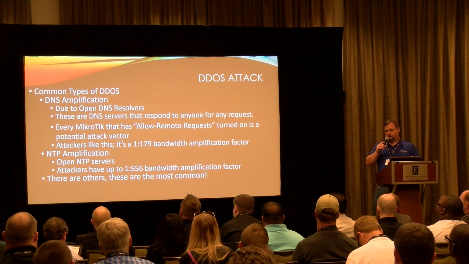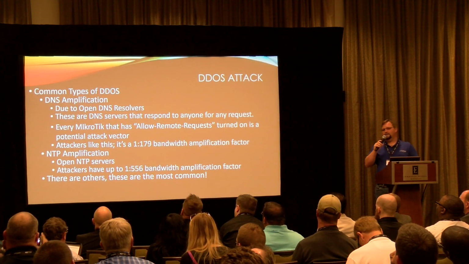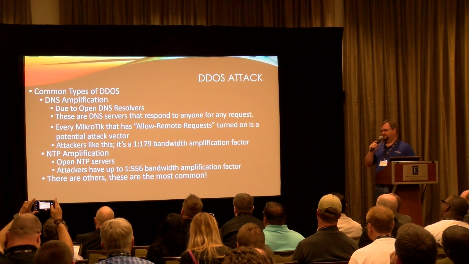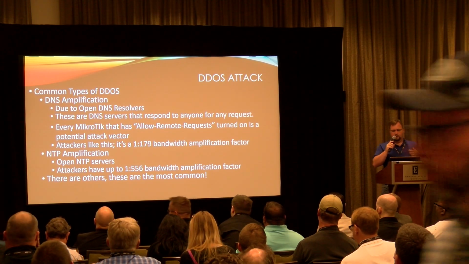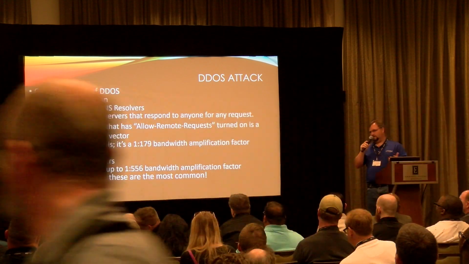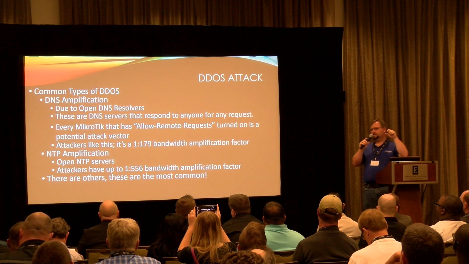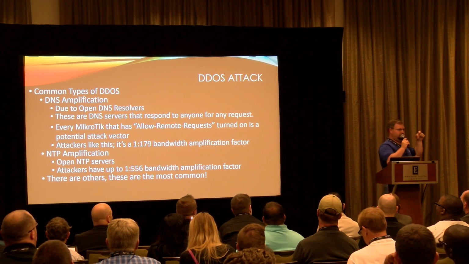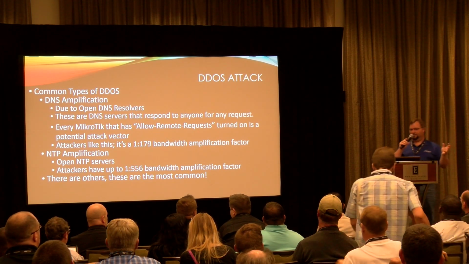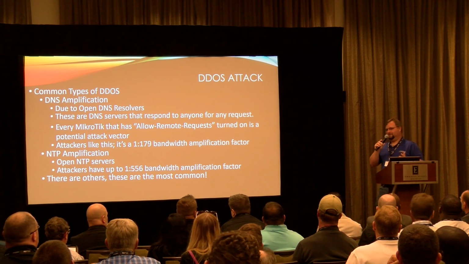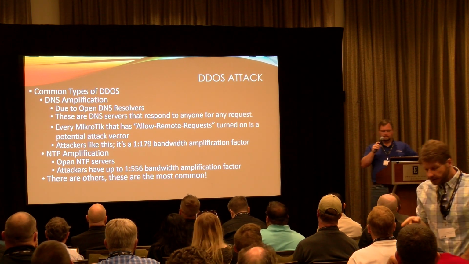So what are the common types of denial of service attacks? The most common that I see today is DNS amplification attacks. The reason we see a lot of these is that there are open resolvers all over the place. If you click the little checkbox in RouterOS that says allow remote requests under IP DNS, and you do not have any type of firewall on your router, it is now an open DNS server, and it can participate in a DNS amplification attack.